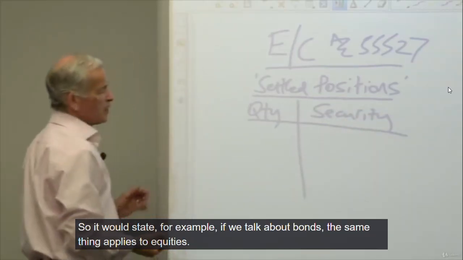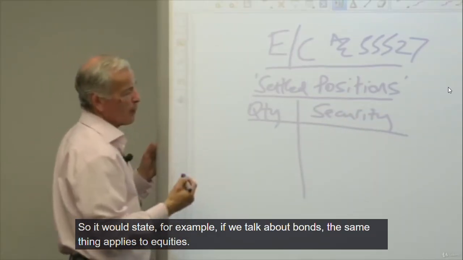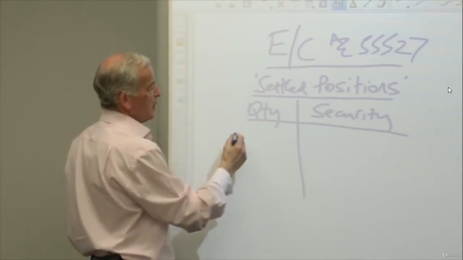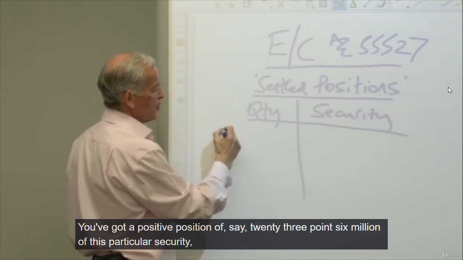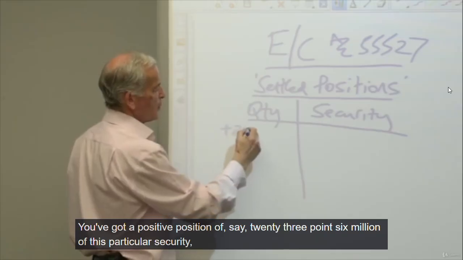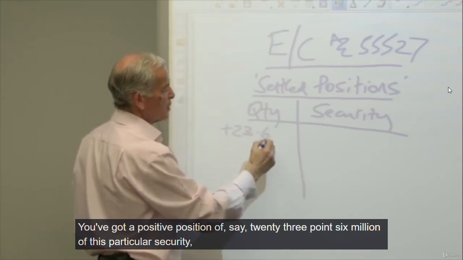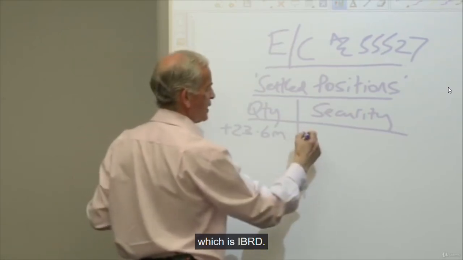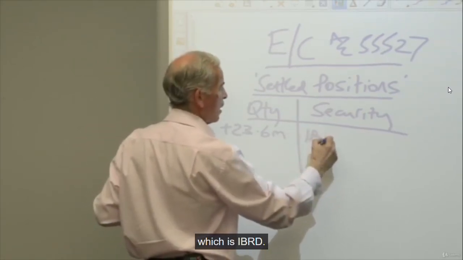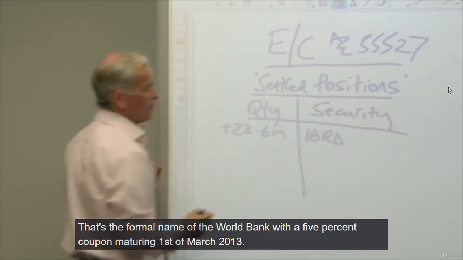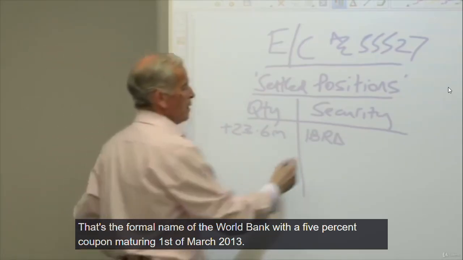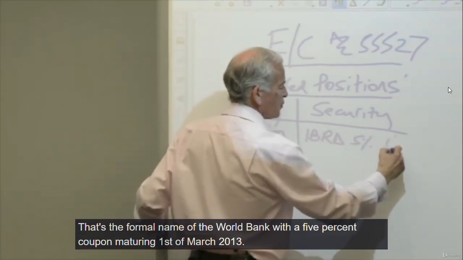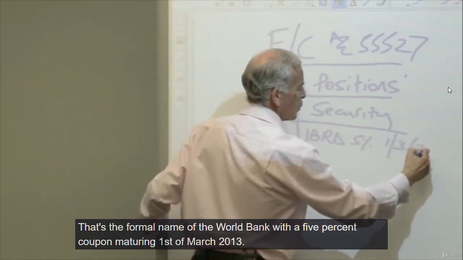So it would state, for example, if we talk about bonds, same thing applies to equities, you've got a positive position of, say, 23.6 million of this particular security, which is IBRD, that's the formal name of the World Bank, with a 5% coupon maturing 1st of March 2030.